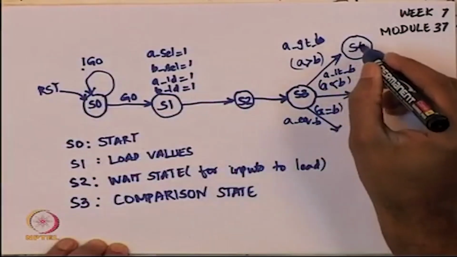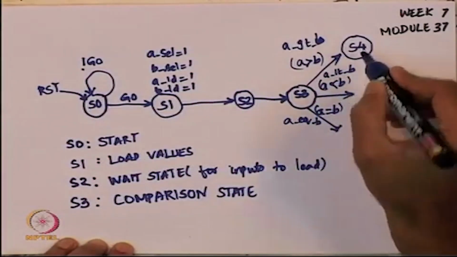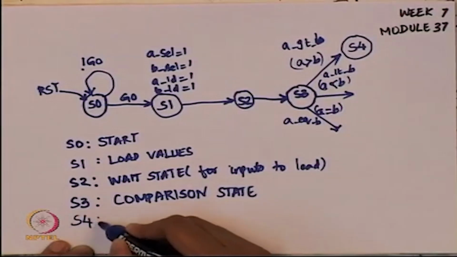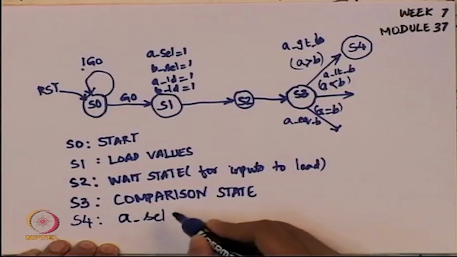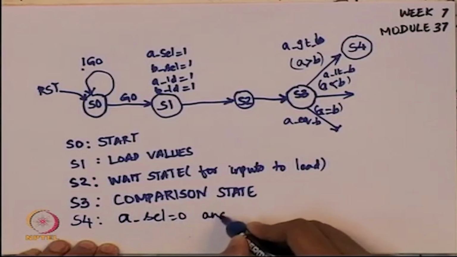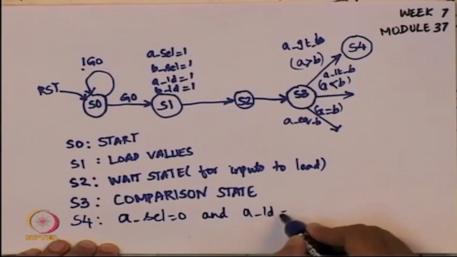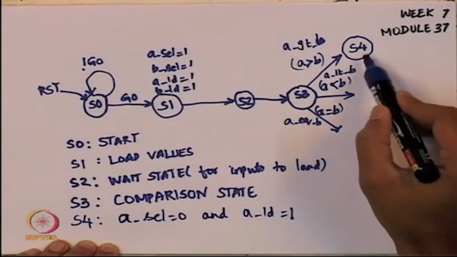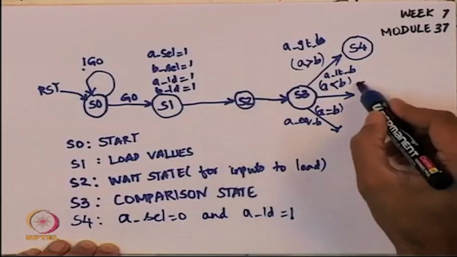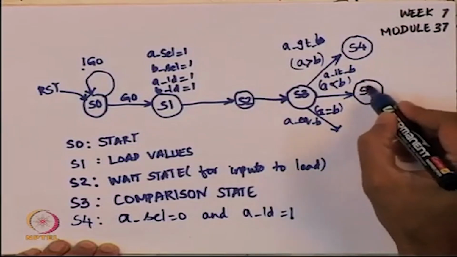In state S4, I am going to make A select equal to 0 and A load equal to 1, so that A equals A minus B gets done. I will have another state called S5.